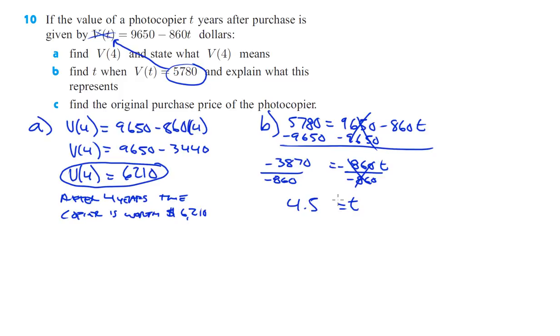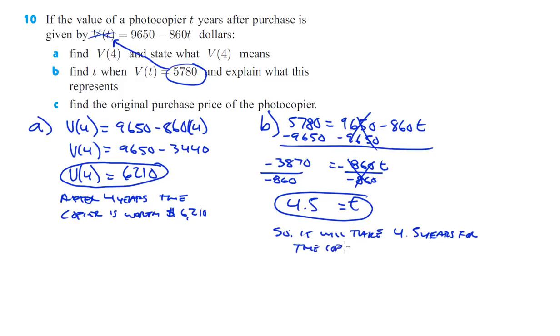Okay, and explain what this represents. So t equals 4.5, so it will take 4.5 years for the copier to be worth 5780.